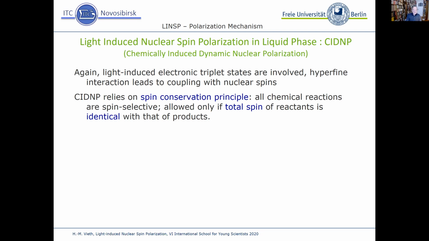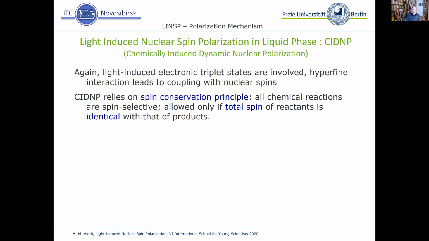The chemically induced dynamic nuclear polarization relies on what's called the principle of spin conservation, meaning that all chemical reactions, for example of forming a short-lived intermediate radical system, are all spin selective. All chemical reactions are only allowed if the total spin of the reactants is identical with that of the products.